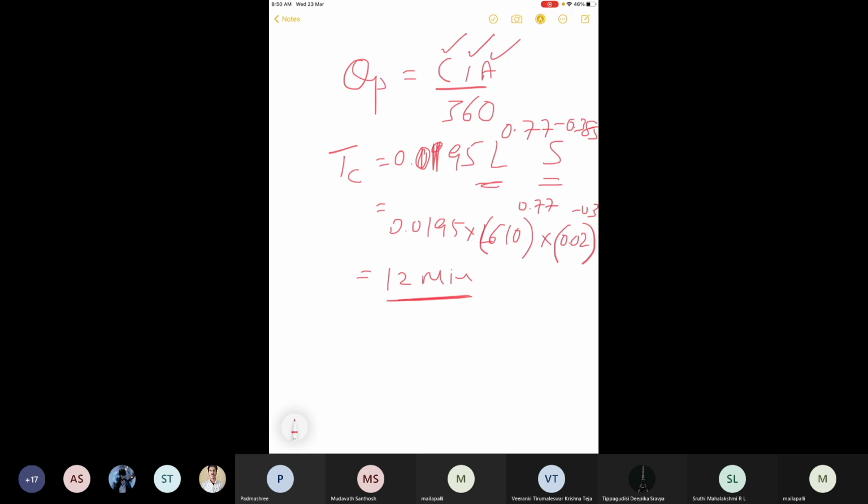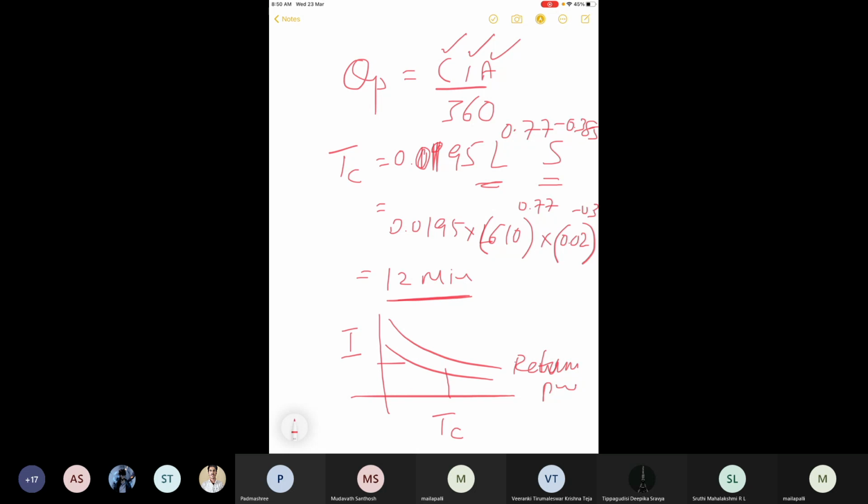Using the duration curves, you have TC here, and this is I for a particular return period, so you get the rainfall intensity.